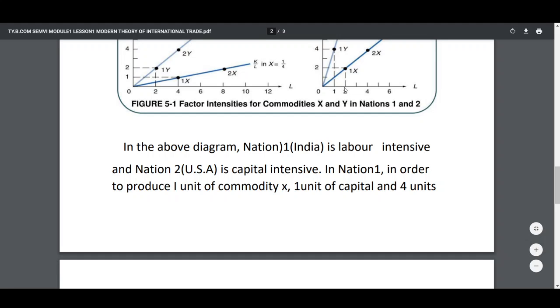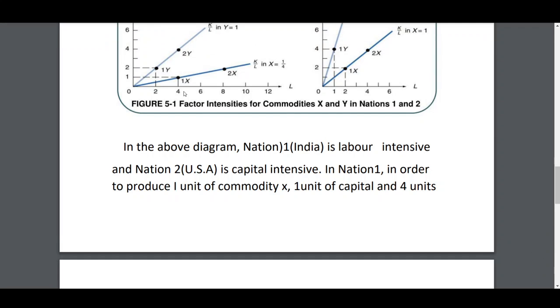And 2, on the OX axis it is 2, it is less. And here nation 1 is labor intensive because they are using more and more units of labor, that is 4. And 4 is greater than 2. 2 is measured on the y-axis, that is capital. And 4 is measured on the x-axis, that is labor.